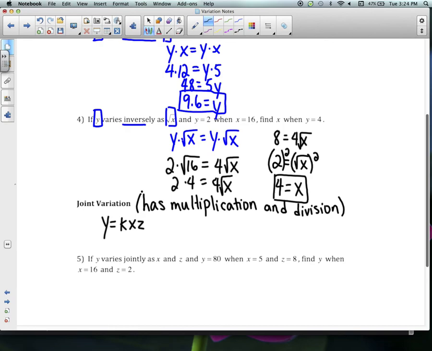So it looks very similar to direct variation, but you do have the multiplying component, and we always want to solve this for k so that we have a formula we can use later.